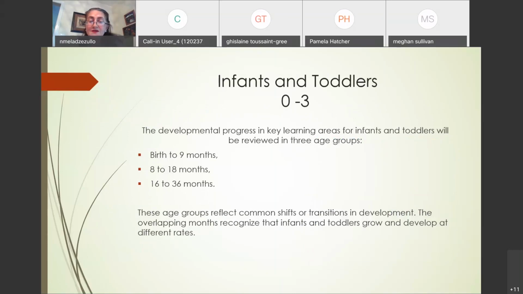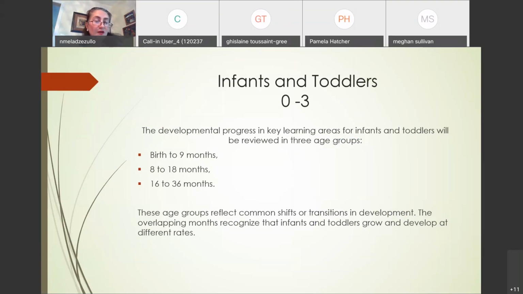So it's very important that we watch children closely and observe them, and that we know the developmental milestones, what is expected from each age group, so we know if there are any concerns, what to do about them.